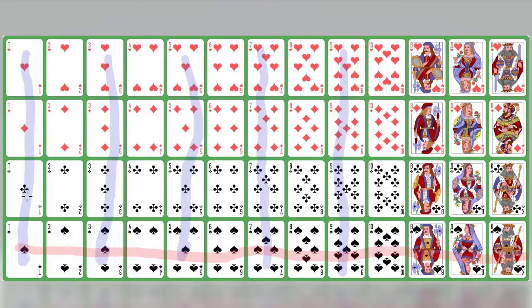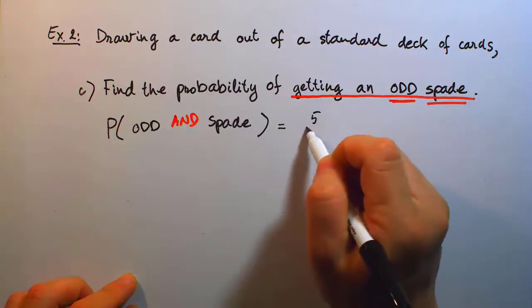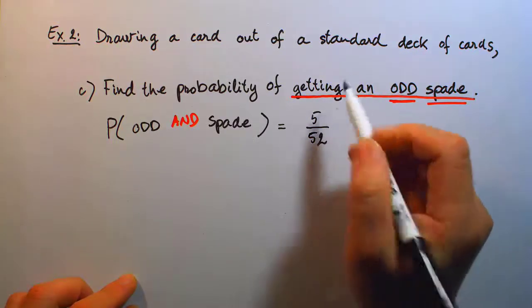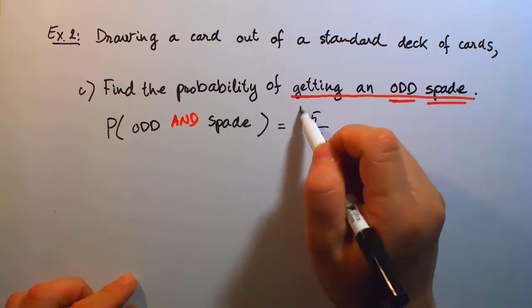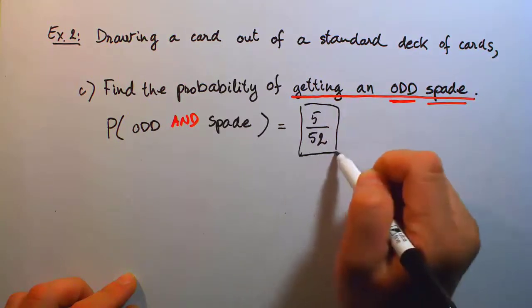Only those outcomes where the light purple and the light pink meet together indicate outcomes that meet two requirements simultaneously. So we now have 1, 2, 3, 4, and 5 outcomes that really meet the two requirements. So now we have 5 out of 52. And that is our answer.